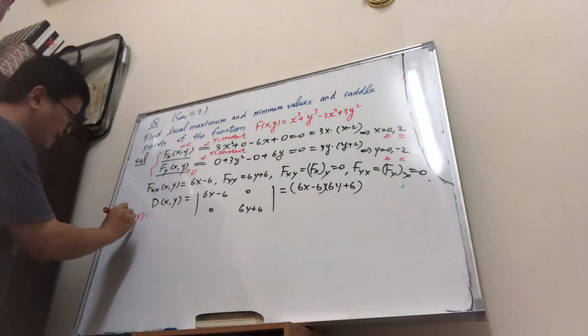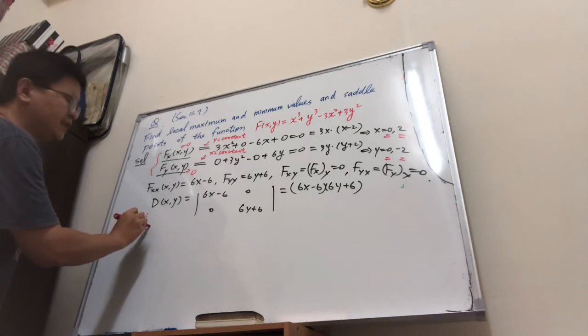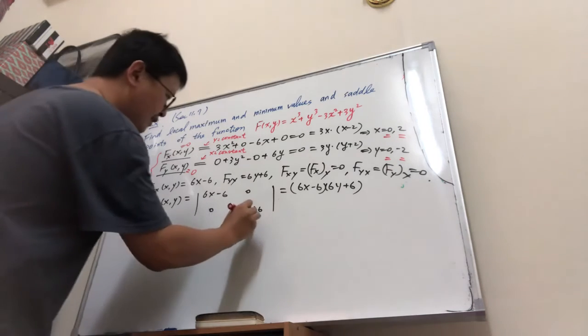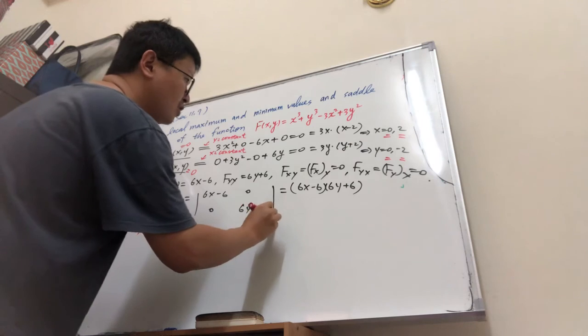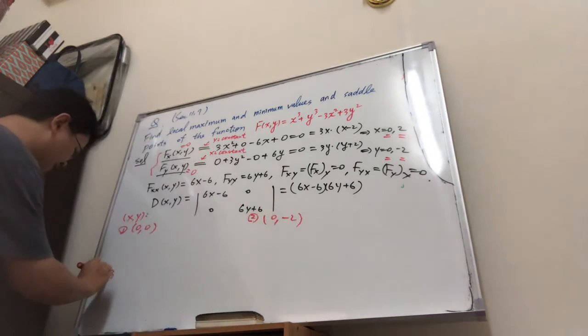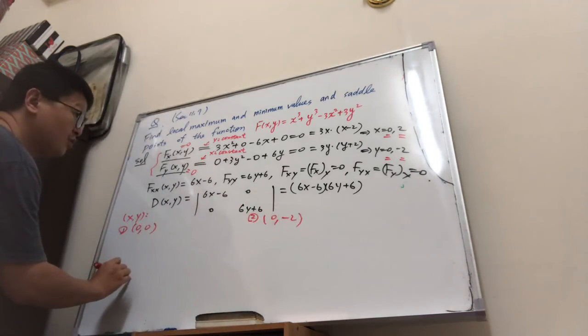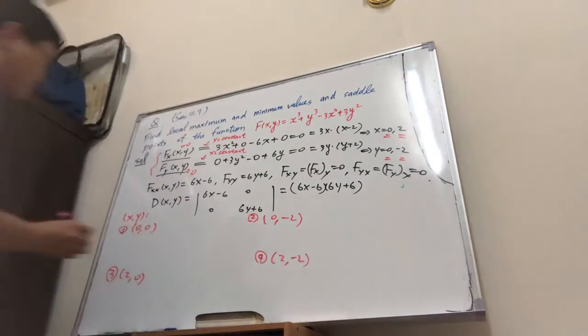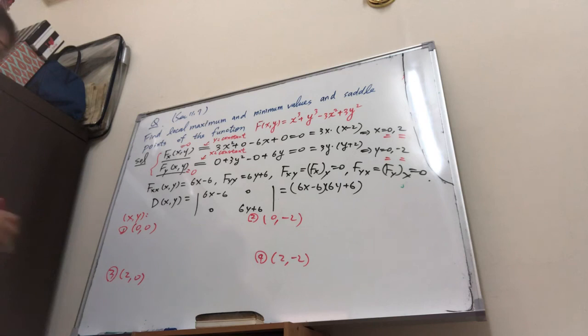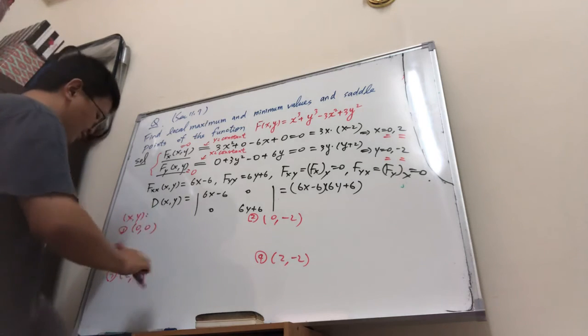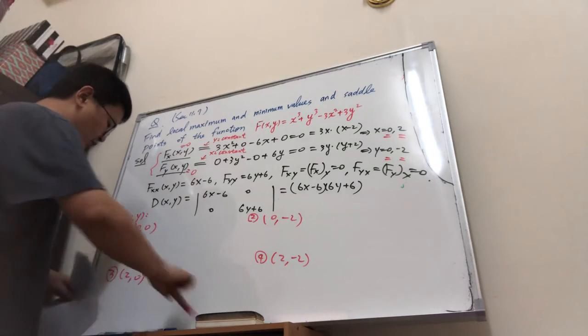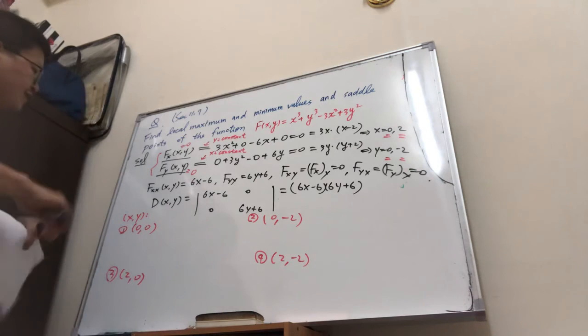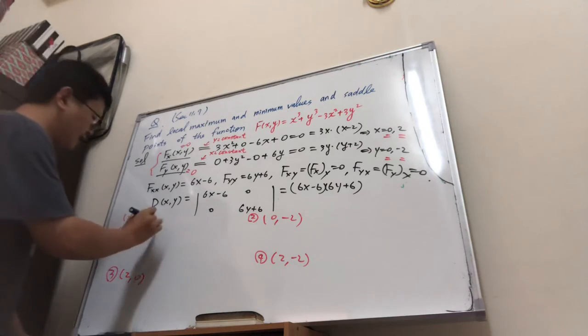The first one is 0, 0. The second one is 0, negative 2. The third one is 2, 0. The last one is 2, negative 2. Okay, so now let's see each one. For the first case, first of all, check its determinant.